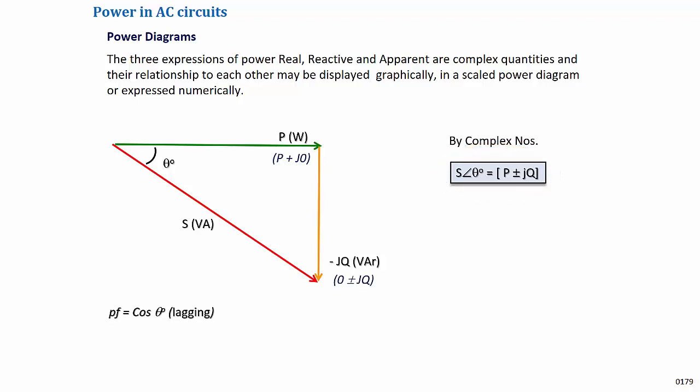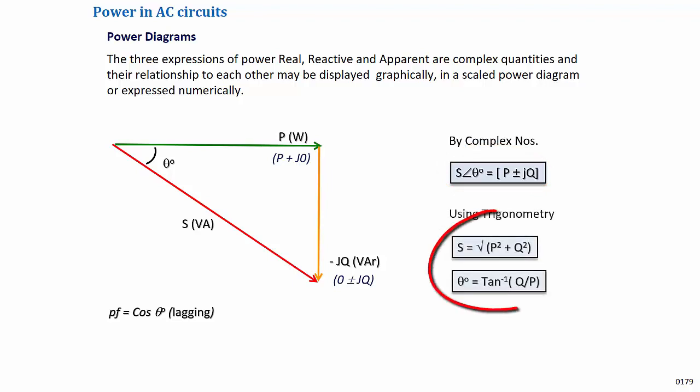Or by trigonometry, as we have a right-angled triangle, apparent power S equals the square root of the real power P squared plus the reactive power Q squared. And the phase angle theta equals the inverse tan of reactive power divided by real power.